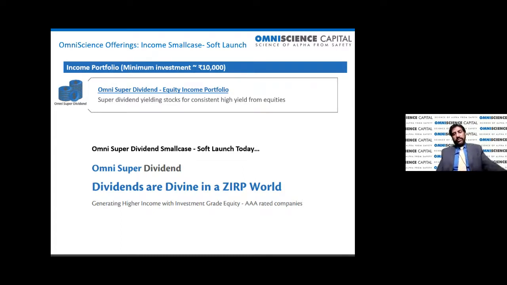This is not your typical high dividend stock or anything. There's a lot of research behind it, and once you go through the report, you will understand. The minimum is somewhere around 10,000. So pretty small ticket sizes to earn an 8% yield for someone who can tolerate equity risk.